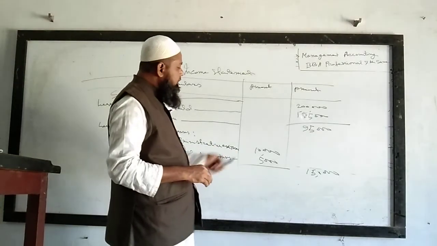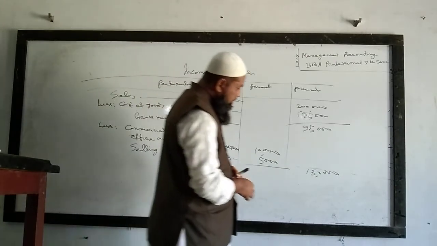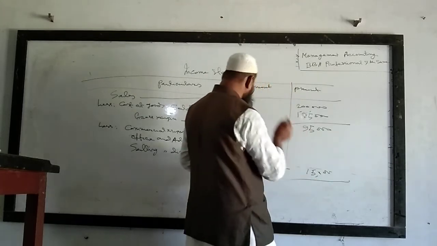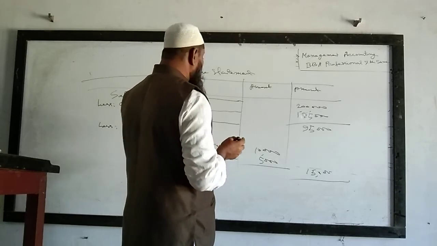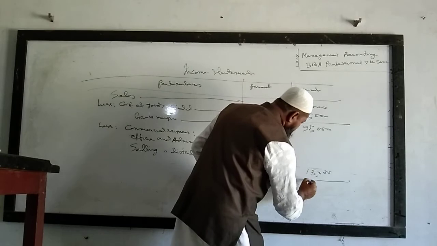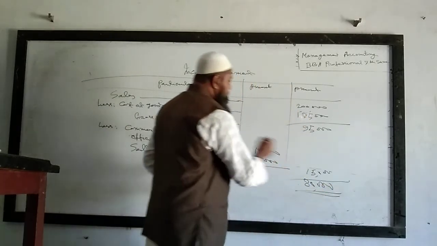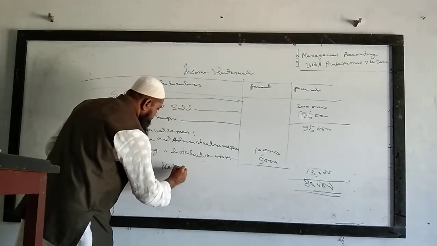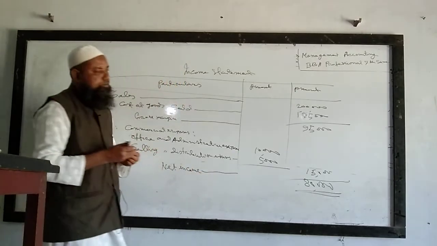Say for example, 10,000 and 5,000, 15,000. 15,000 less from gross margin 80,000 is called net income or net margin.